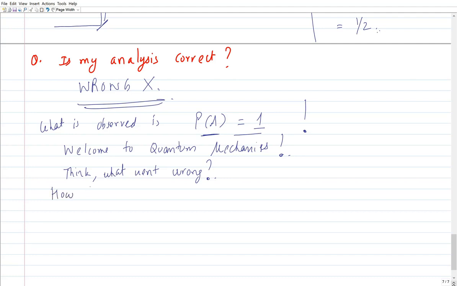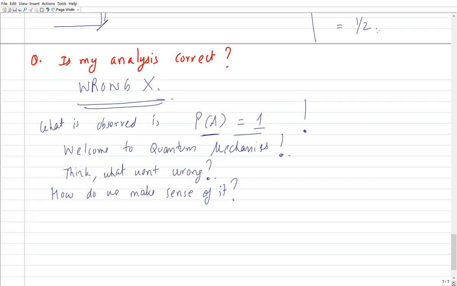How do we make sense of it? So why should I give you the answer right now? Just pause here for a minute and think about it. This is something really baffling, at the same time very fascinating, and essentially this is at the heart of quantum mechanics.